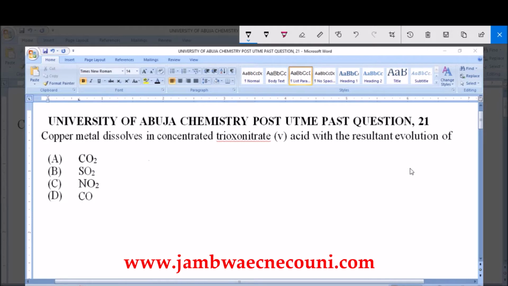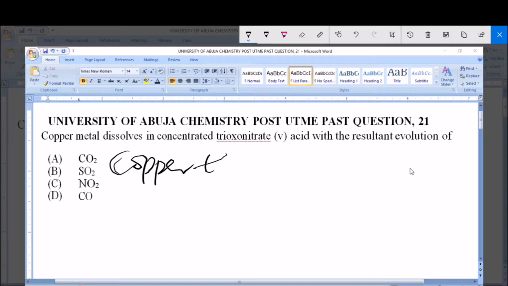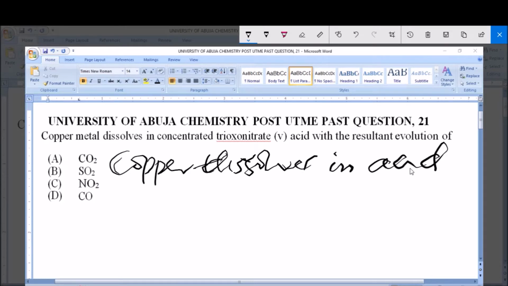Now copper is a metal that dissolves in an acid, and in this case this acid is trioxonitrate(V) acid, HNO3.